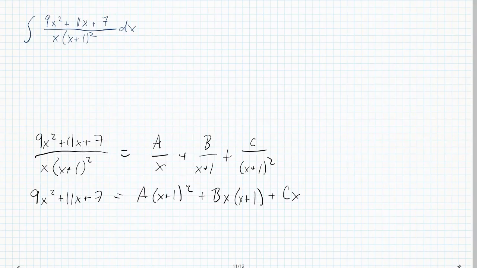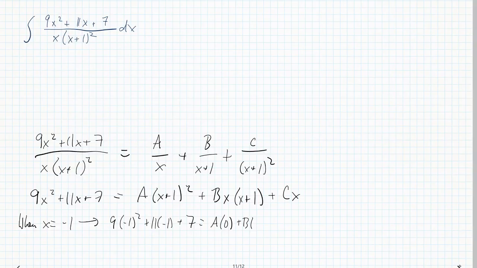We have x values, so the first case we'll do is when x equals -1. Notice that makes 9 times (-1) squared, plus 11 times -1, plus 7 equals A times 0, essentially, plus B times 0, plus C times, don't let your eyes fool you, -1.